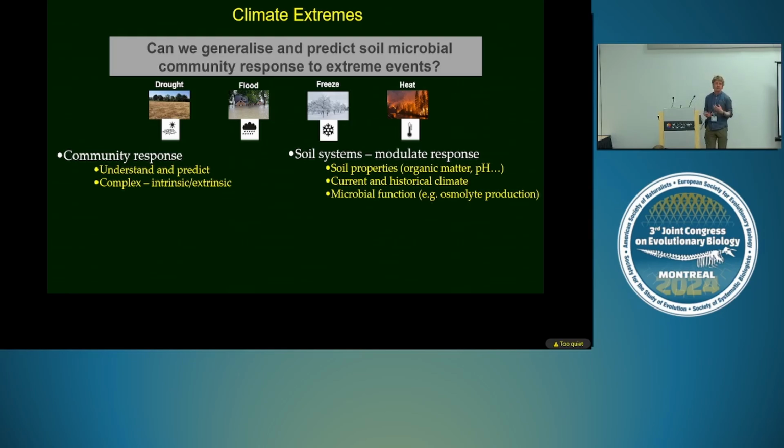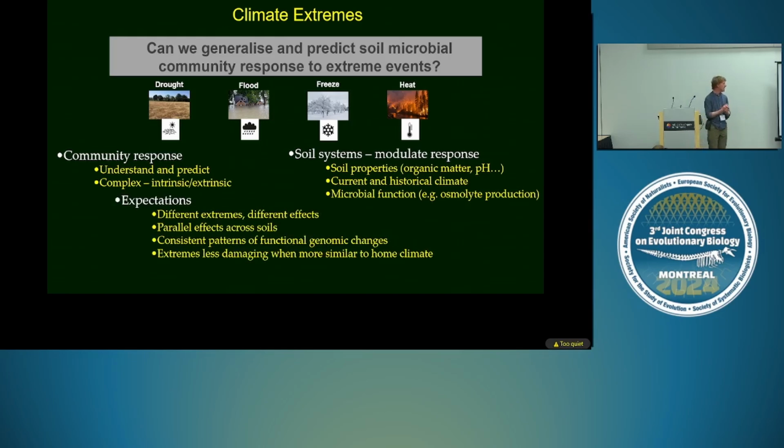The ecologists working on this project have spent decades working on the relationships between pH and organic matter and how climate has shaped these communities. And that goes for the organisms as well, the kind of traits they might have.